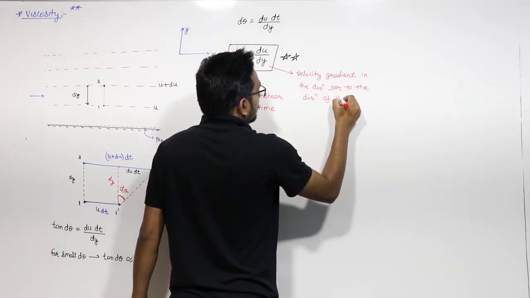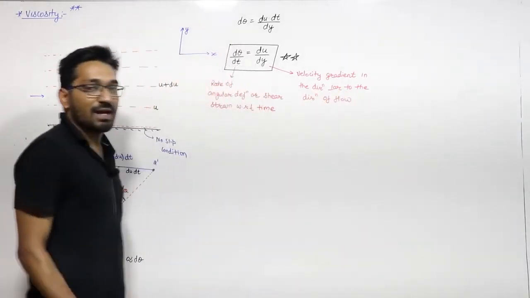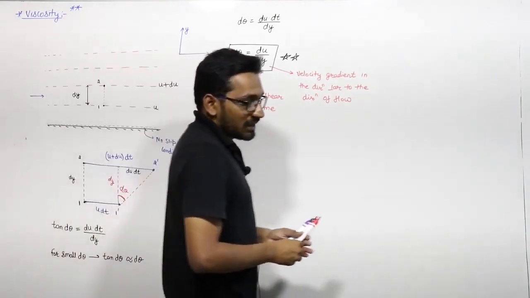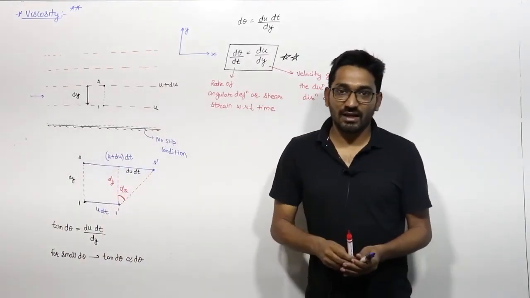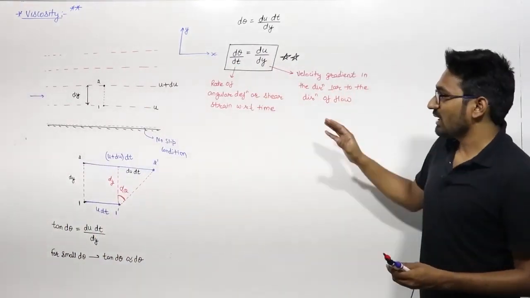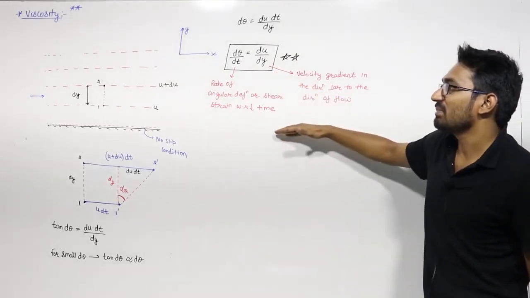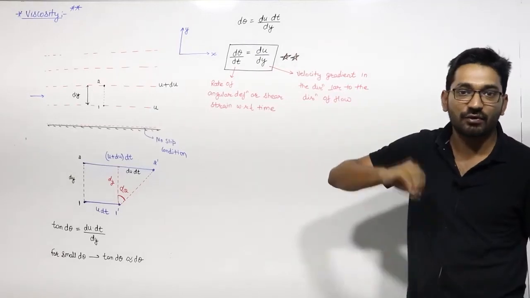So in fluid mechanics we say that the rate of shear angle or the rate of shear deformation is equal to the velocity gradient in the direction perpendicular to the direction of flow, that is du by dy.